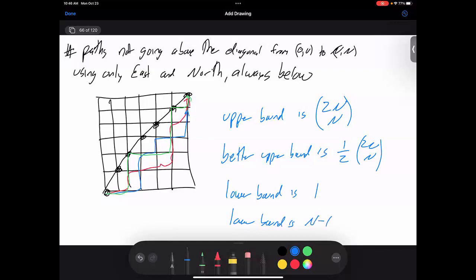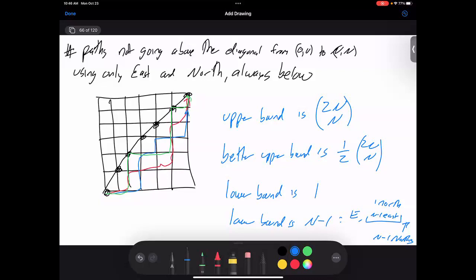So I start with an east, and then I can do one north, and then I do all the east, and then do the remaining north. So east, and then in this block over here, 1 north, n minus 1 easts, and then over here we would have n minus 1 norths. So that would give me n minus 1 as a lower bound.